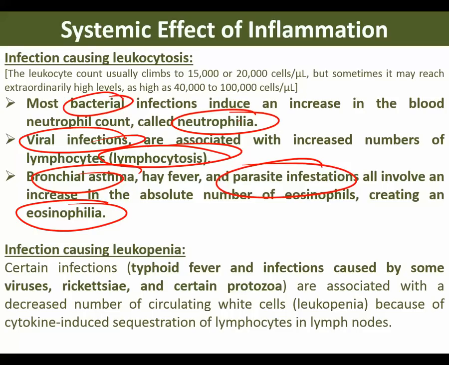Now certain infections reduce the WBC, leukopenia. Penia means decrease. You should know at least one example: typhoid fever. Typhoid fever is very common. It is caused by a bacteria called Salmonella typhi.